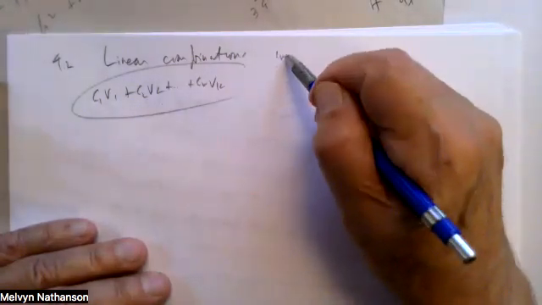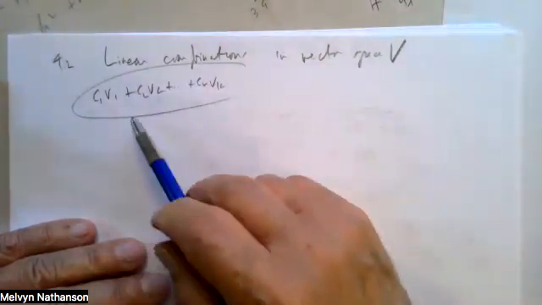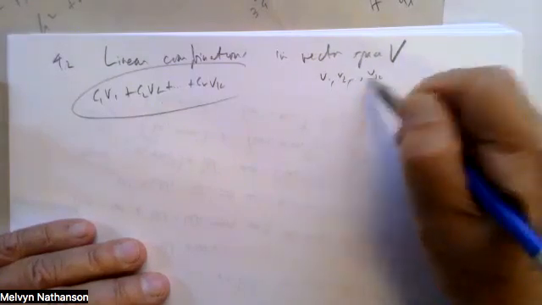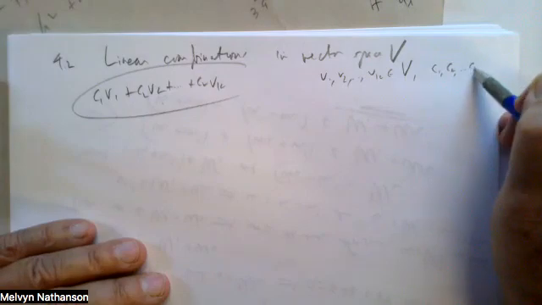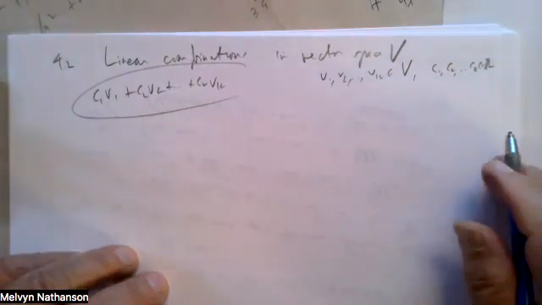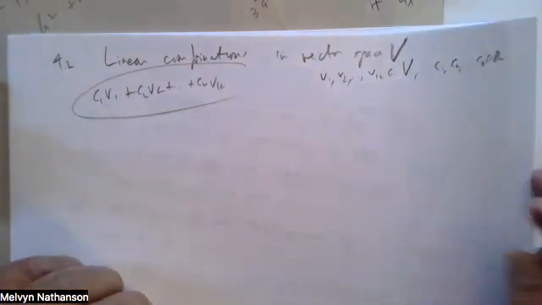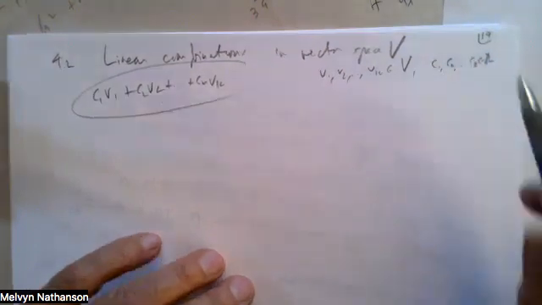If you have a vector space V and vectors v1, v2 up to v sub k in V, and scalars c1, c2, up to c sub k in R, you can multiply each vector by a scalar, and then you can add, and that is what is called a linear combination of v1 up to v sub k. So this is what we are already long familiar with.